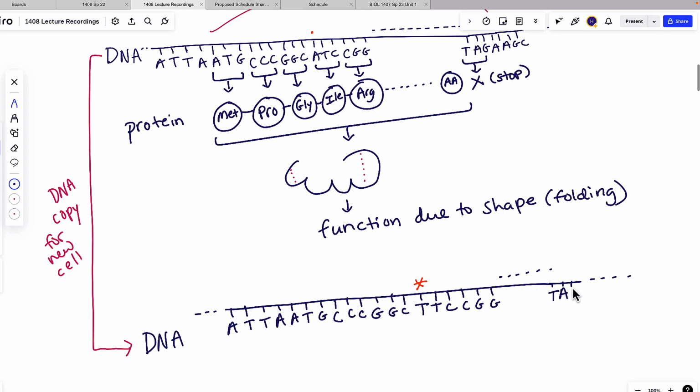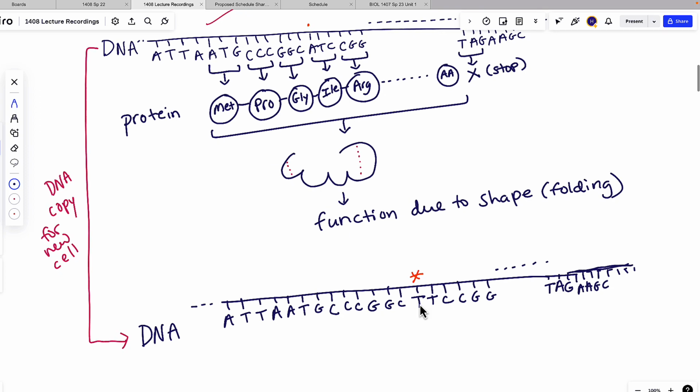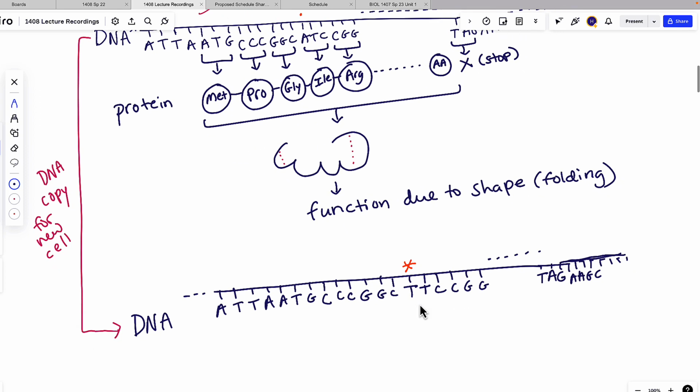But occasionally they get through. So let's say most of this DNA is fine. But we have this one change, and let's say that doesn't get caught by the proofreading machinery. So it accidentally gets through. It's like you accidentally turn your paper in with a spelling mistake. Sometimes this happens.